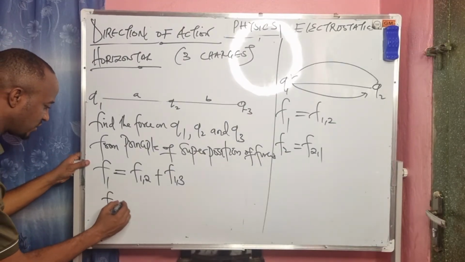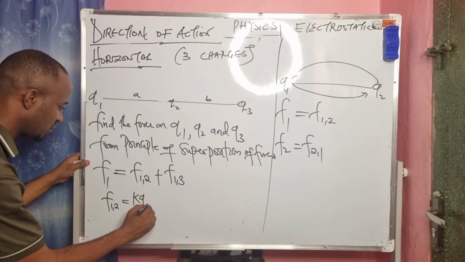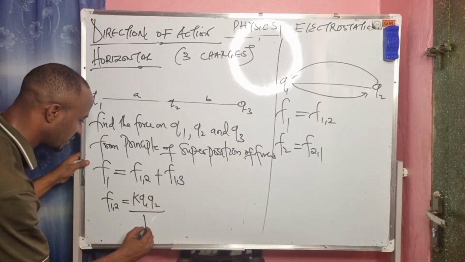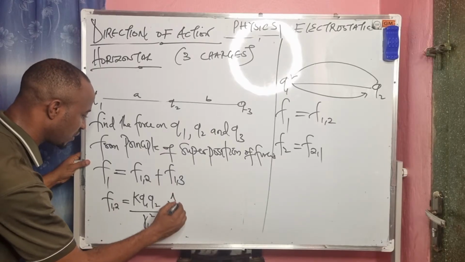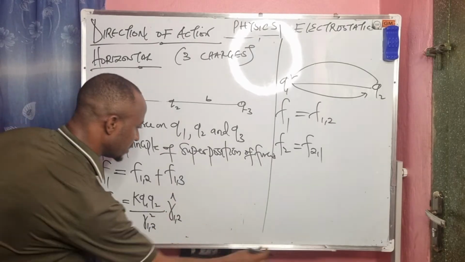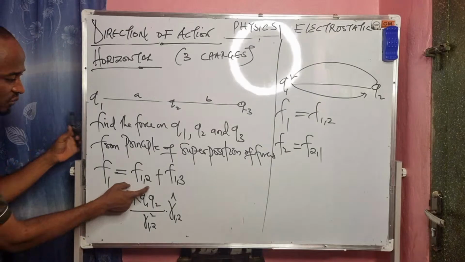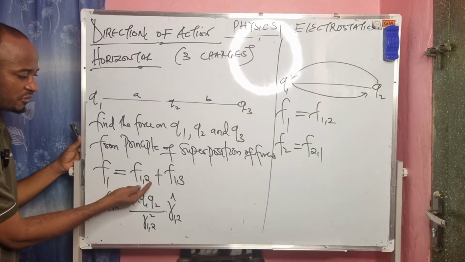Now the next is to find F12. What is our F12? F12 is KQ1 Q2 over R squared 1,2 times the unit vector of 1,2. Don't forget, F12 means from 2 to 1.